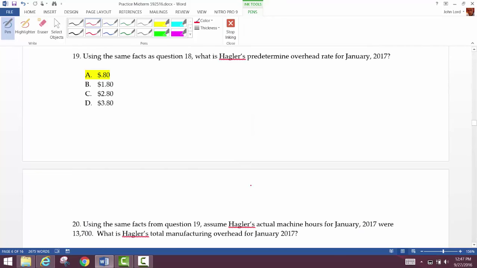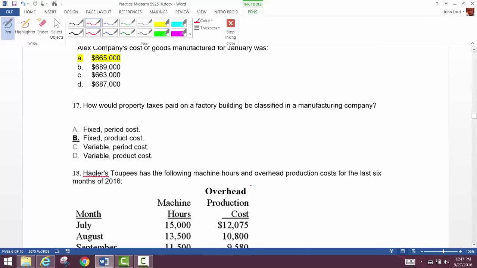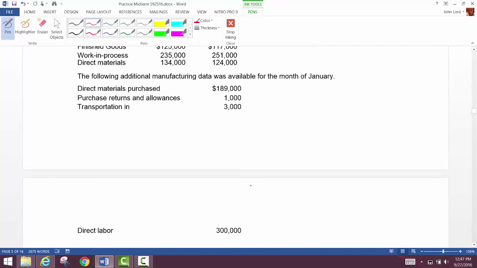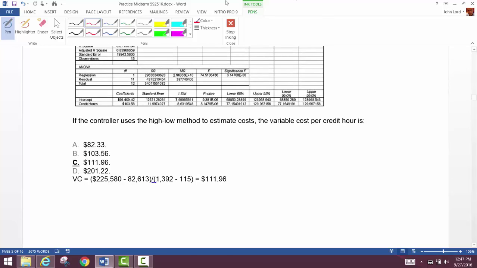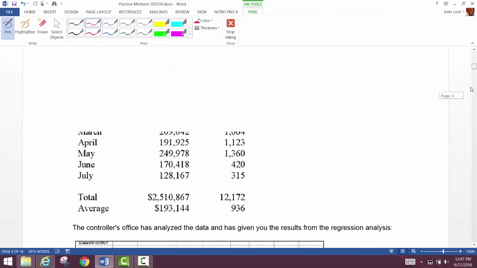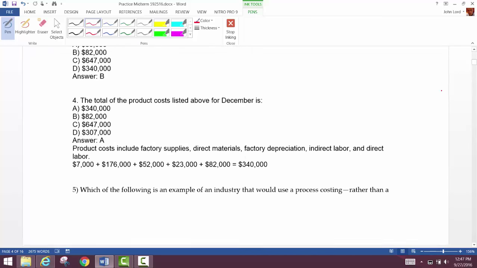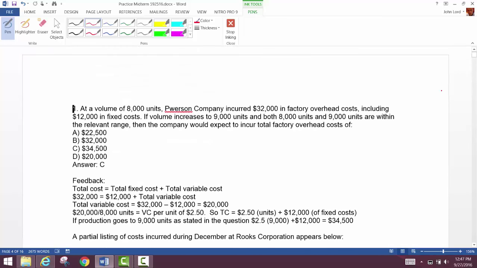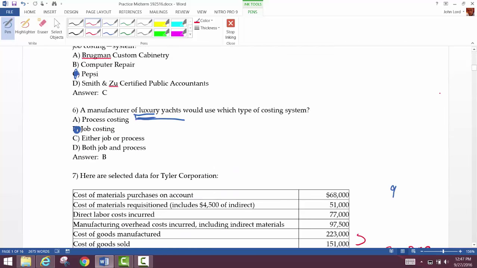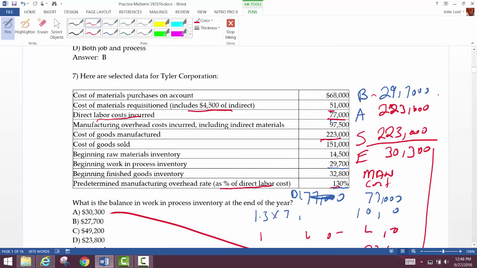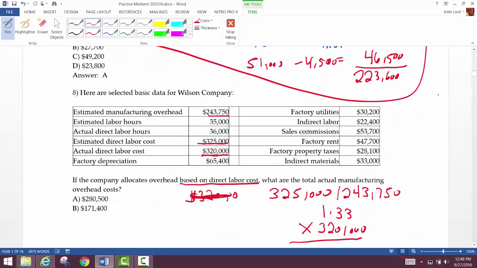I'll use the mouse, John. It is supposed to be the other way around.